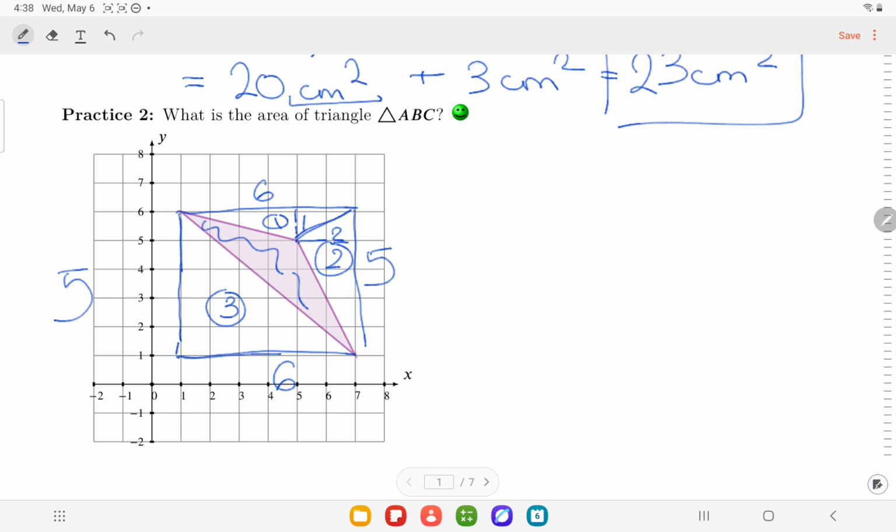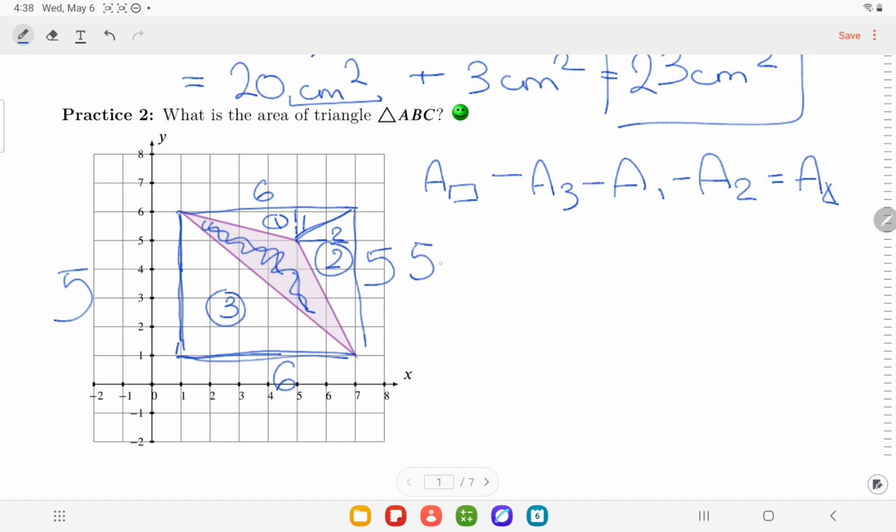So in order to find the area of this triangle in the middle, we're going to take the area of the entire rectangle and we're going to subtract the area of the third triangle, the area of the first triangle, and the area of the second triangle. So the area of the rectangle is going to be length times width, which is 5 times 6.